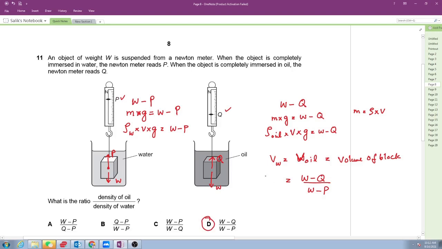Just take the ratio, simplify, and you get the answer.